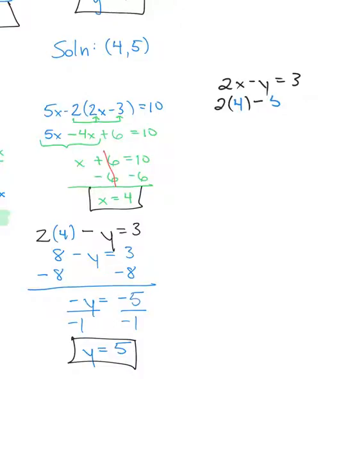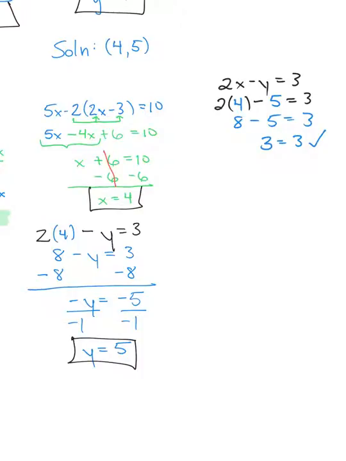I want to know, is this equal to 3? Two times 4 is 8 minus 5. This is equal to 3, so we get 3 equals 3. That checks out.